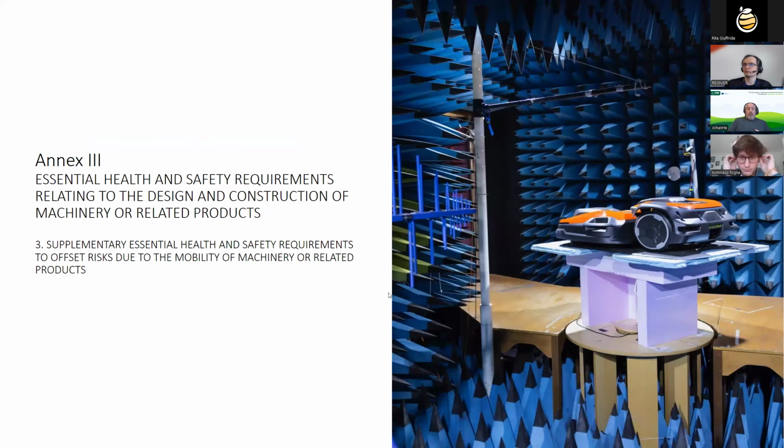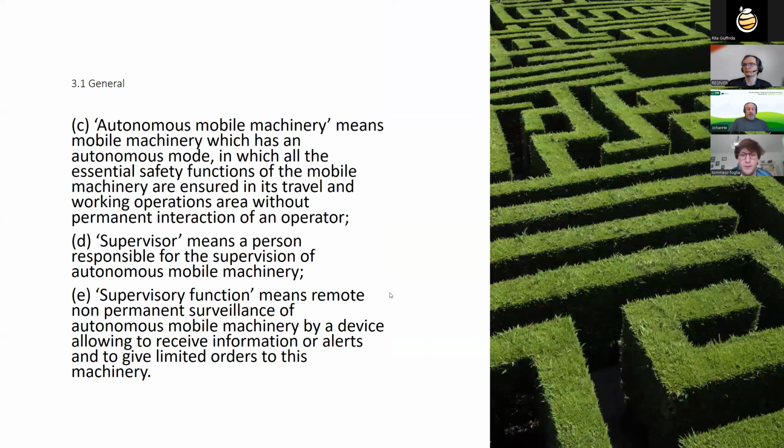Yes, then we go into some new requirements more related to mobile machinery. So we can go to the next picture again. And here we see some new definitions that were not included in the machinery directive. We talk about something called autonomous mobile machinery, and that's a mobile machinery that by its own has all the safety functions built in.